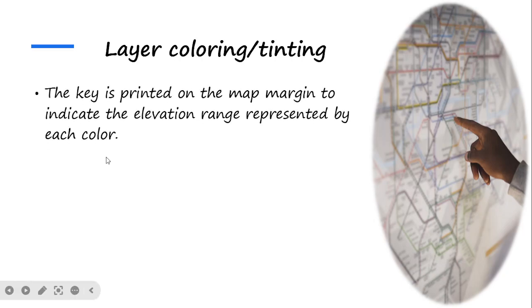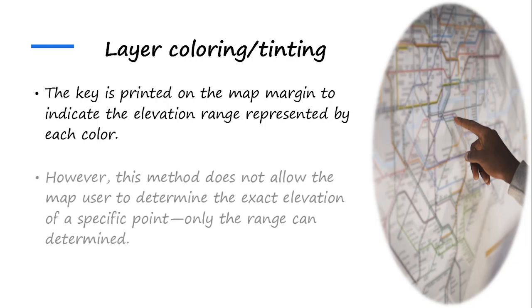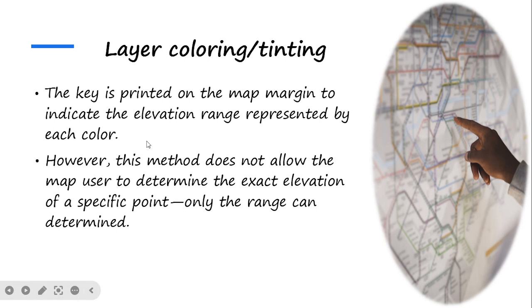A key is presented or printed on the map margin just to indicate the elevation range represented by each color. So the key is very crucial when you are using this layer coloring, as it shows what each color means or what it represents. However, this method does not allow the map user to determine the exact elevation of a specific point.